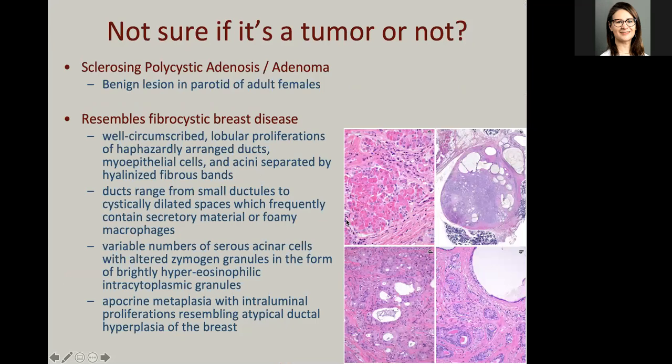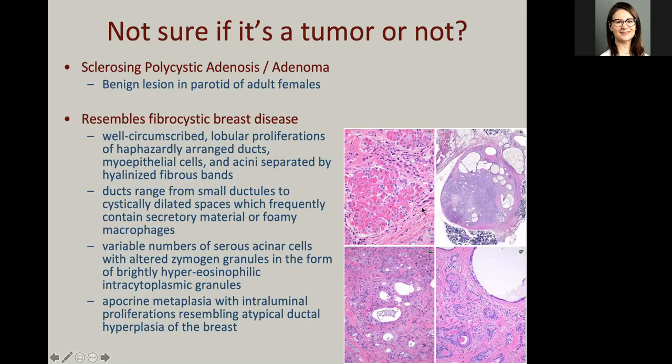Okay, so there are some lesions that walk the line between non-neoplastic and neoplastic. There's one entity I'll briefly mention called sclerosing polycystic adenosis, or adenoma if you believe it's a tumor, which is a benign lesion generally found in the parotid of adults. It conceptually resembles fibrocystic breast disease, where you have variable small microcysts, larger dilated cysts, and then solid proliferations.